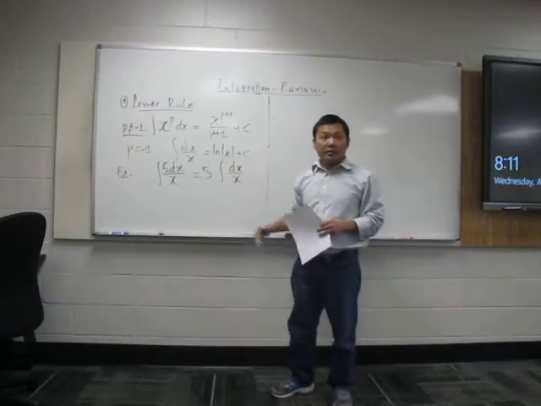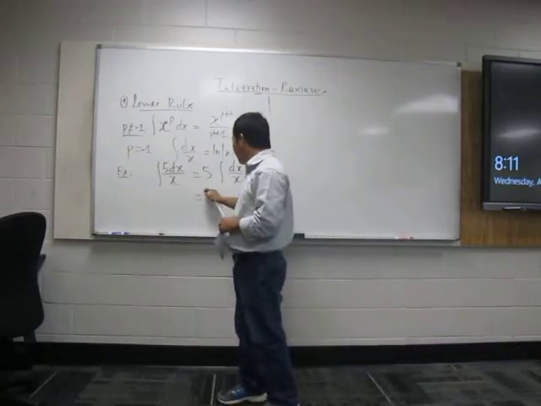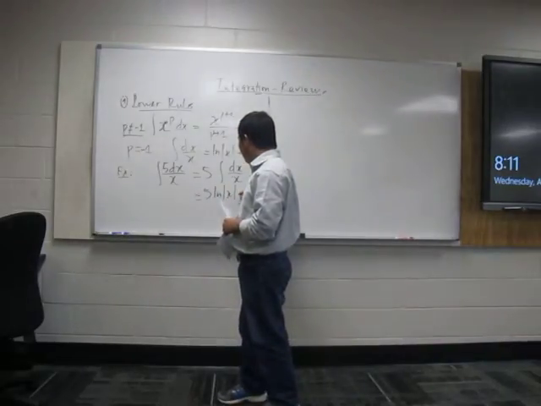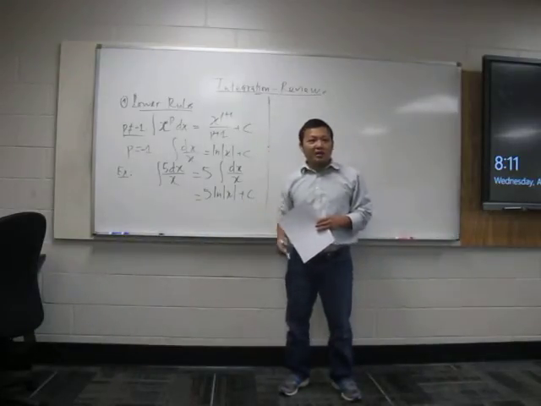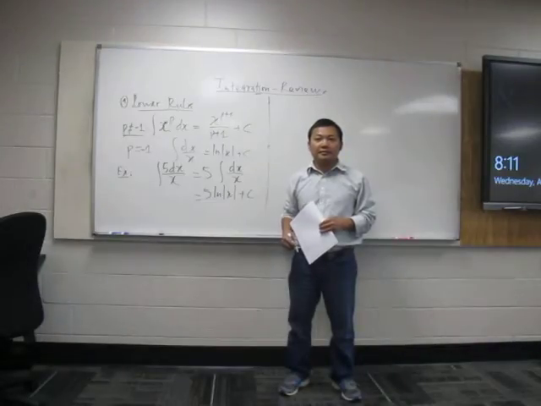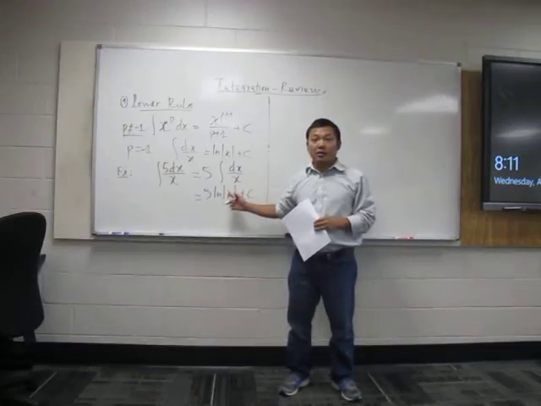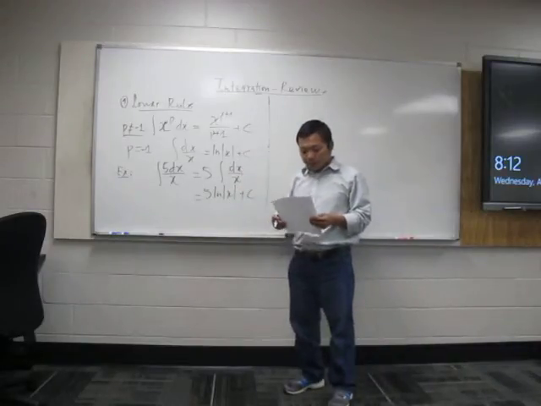Get it? So dx over x is ln of absolute of x. You are done. If you remember this, you can solve it in 30 seconds. Agree? So this is one form of the power rule, where the power is equal to -1.